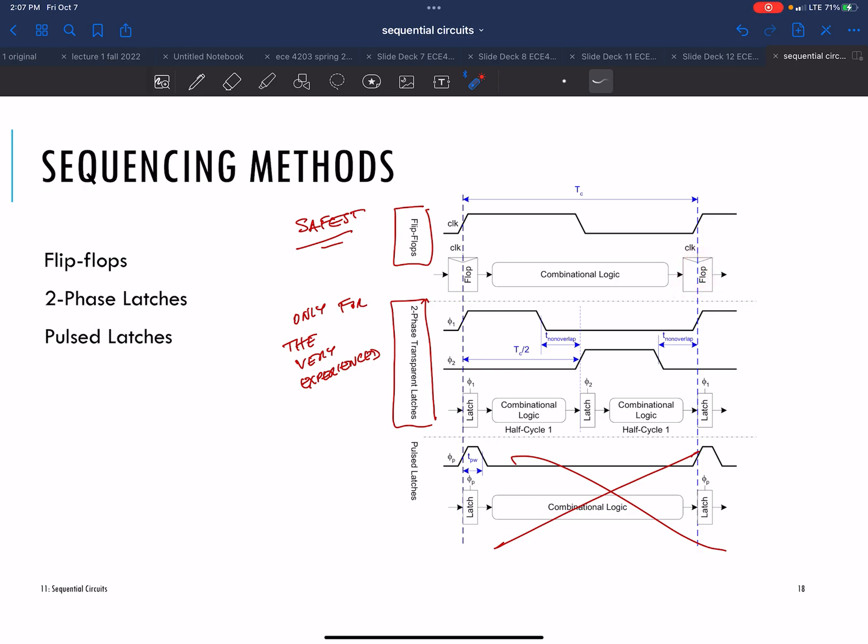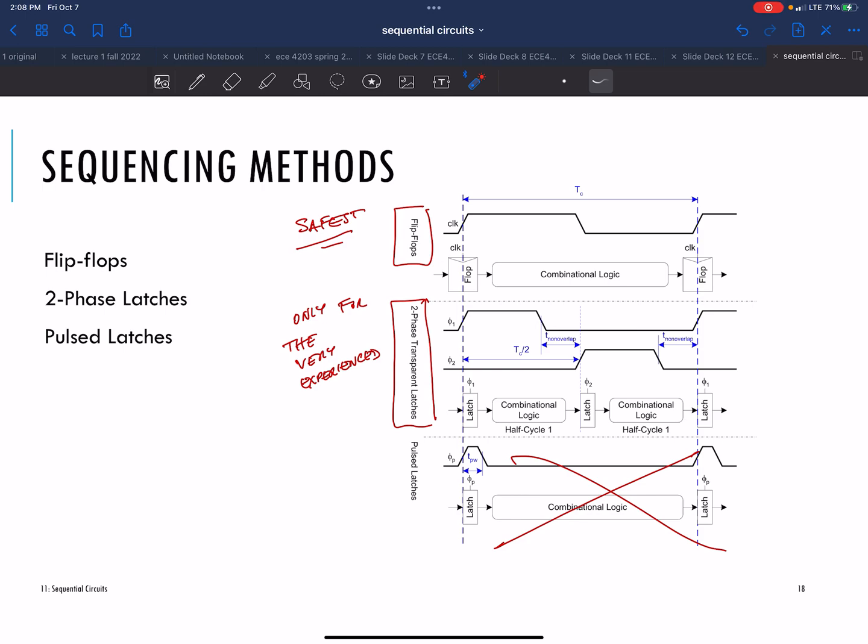In the case of a flip-flop, synchronization happens during the clock edge, in this case the rising edge of the clock. When the clock goes high, whatever was at the input of this flip-flop right before the clock went high gets input to the combinational circuit at this point in time. Then the combinational circuit works through with whatever it's going to do with that input.